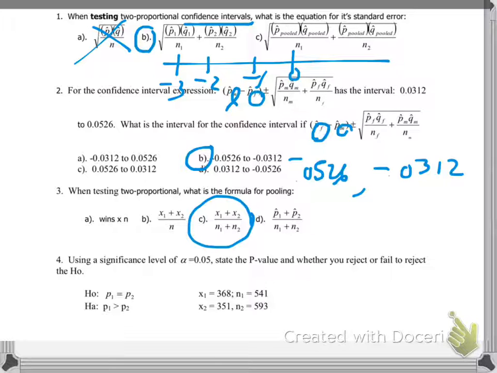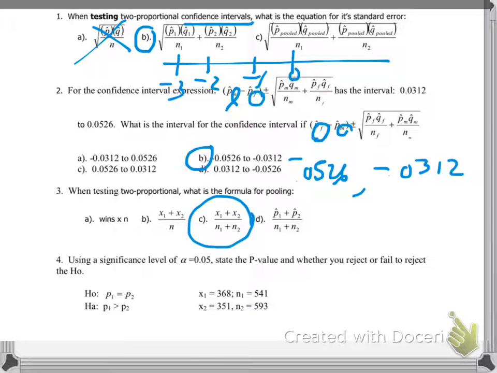Okay, so I'm in my graphing calculator and I'm going to put all these in. I'm going to put 368 for x1, and then 541 for n1, and then 351 for x2, 593 for n2. And do you see that I'm going to say that P1 is greater than?